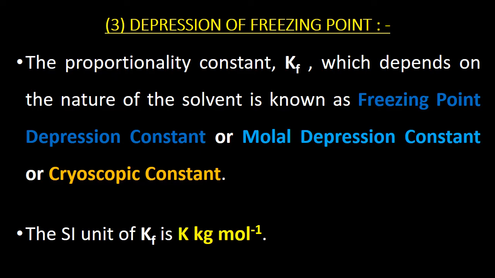The proportionality constant Kf, which depends on the nature of the solvent, is known as freezing point depression constant, or molal depression constant, or cryoscopic constant. The SI unit of Kf is Kelvin kg per mole.